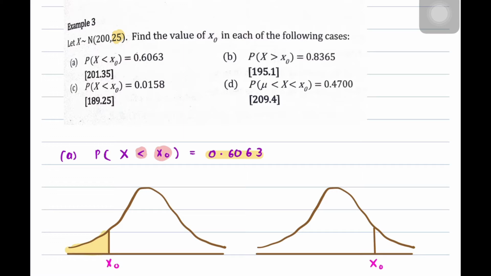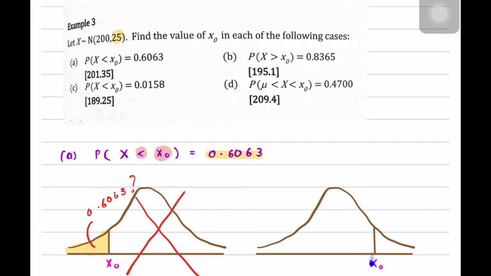So is it possible this area will be equal to 0.6063? This little area is 0.6. This is impossible, right? Because half of the bell shape is 0.5. So this cannot be 0.6. So x0 cannot be at your left side. So this is not the correct bell shape graph for this question.